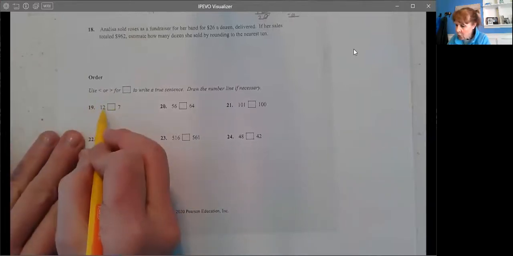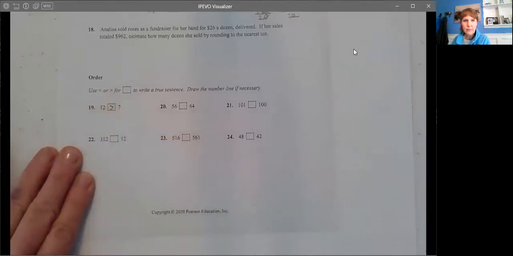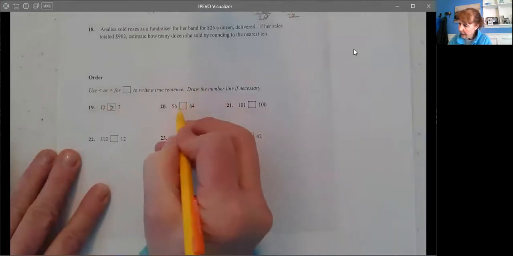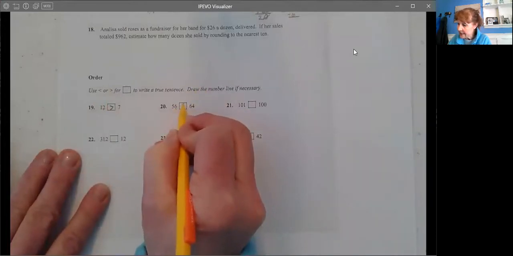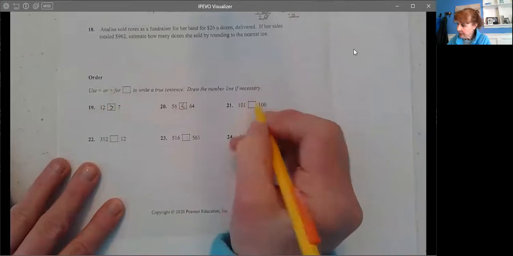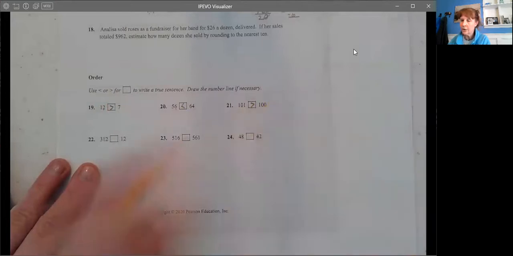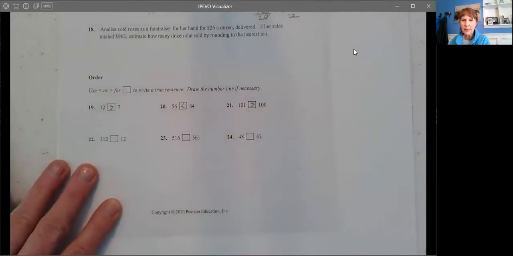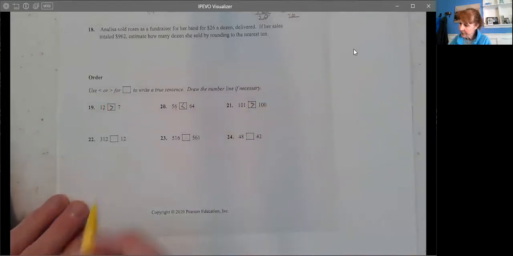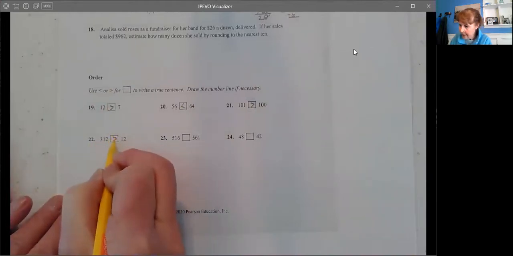All right, so then you can just click it. So here 12 is greater than 7. Okay, the open end always points towards the larger number. Okay, 56 is less than 64. Okay. Number 21, 101 is greater than 100. And again, it's just a matter of learning how to read these. 312 is greater than 12.